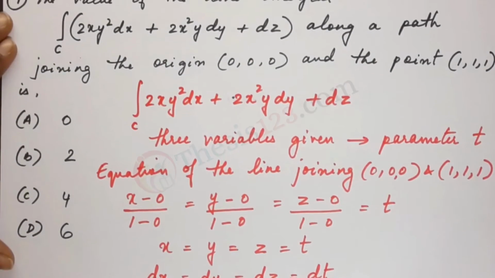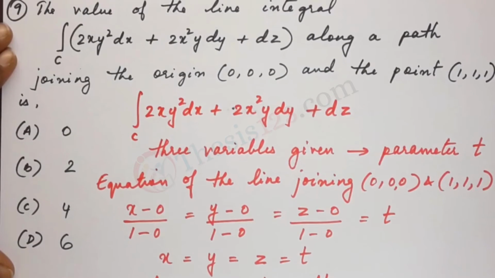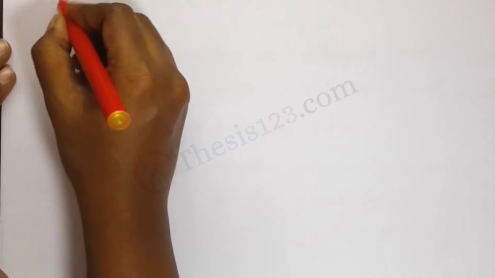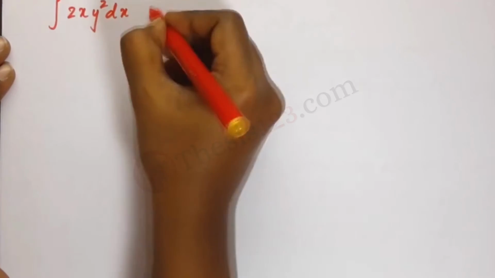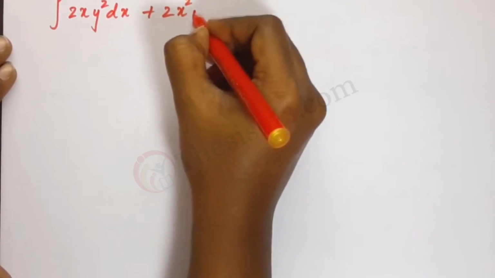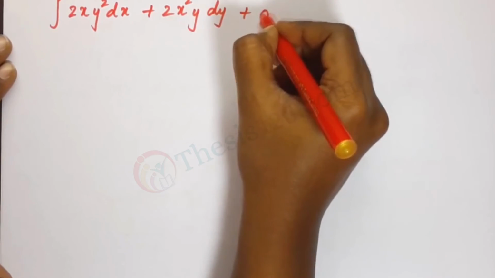So we have 2xy² dx plus 2x²y dy plus dz.